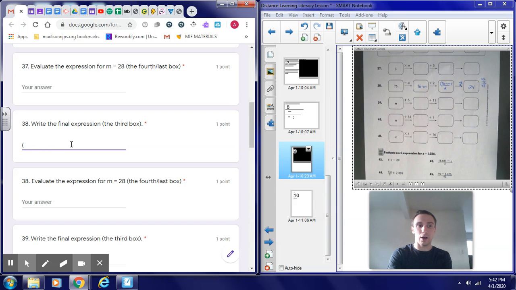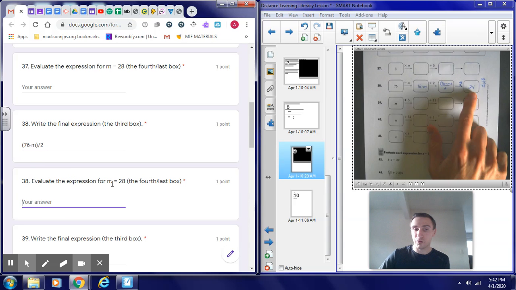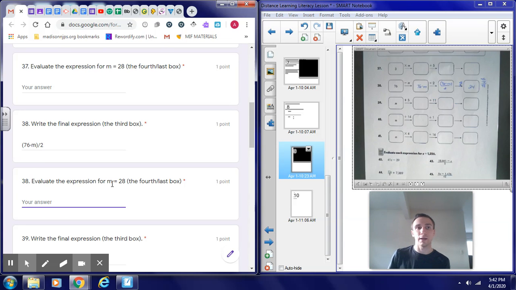And again, I'll use my grouping symbol, 76 minus m, close it, slash for divided by 2. And there's my division expression, okay? Then evaluate the expression. So that's the fourth box, my final answer. My final answer is in there. You're going to jot that in your number 38 final box as well.